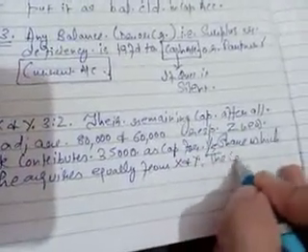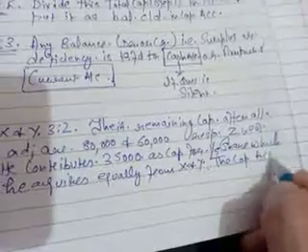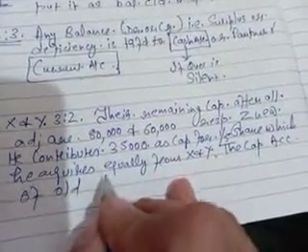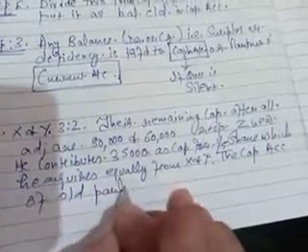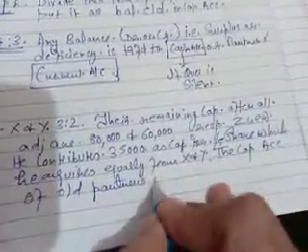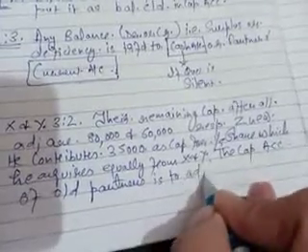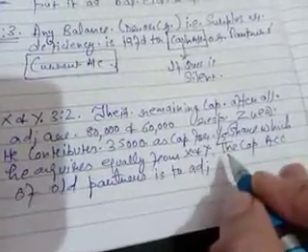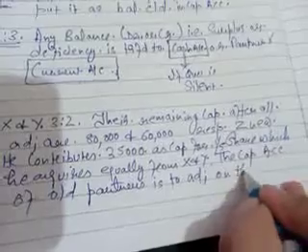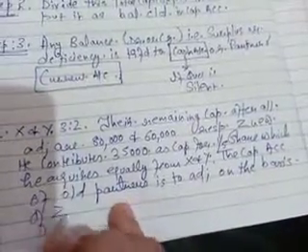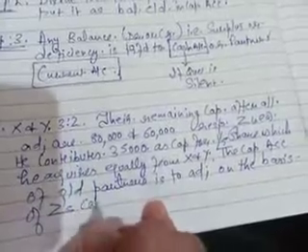Okay, the capital accounts of old partners are to be adjusted on the basis of Z's capital and share.